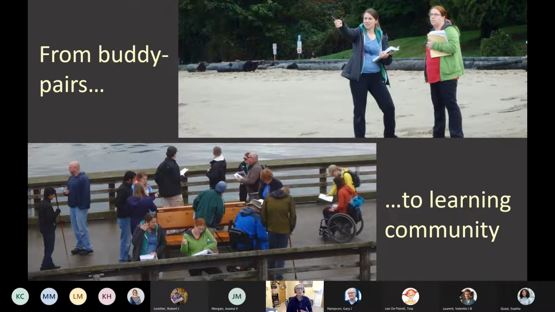And then the idea was that as the day progressed, we would see kind of a ripple effect as they moved from just working together in their buddy pairs through to kind of collaborating more broadly within the whole cohort. Now, this isn't rocket science. It's something that we observe pretty much every time we go on a field trip, and it's something that, you know, we would reasonably expect to see.